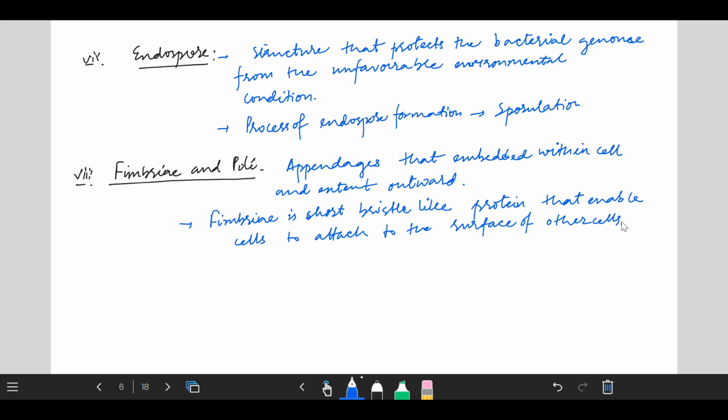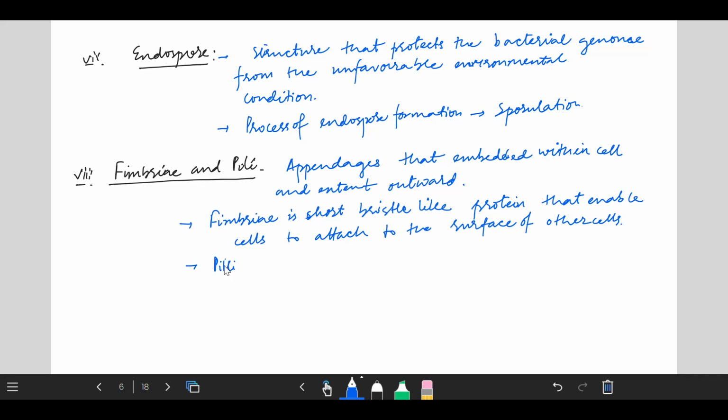Pili, in singular pilus, refers to longer, less numerous protein appendages that help the cell in attachment during the transfer of DNA between two cells. That's why they are known as F pili or sex pili.